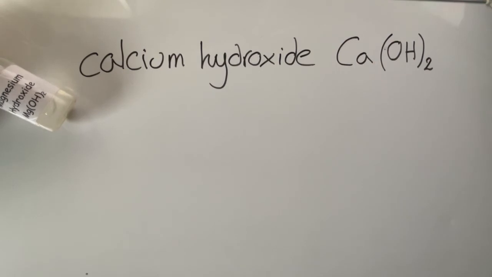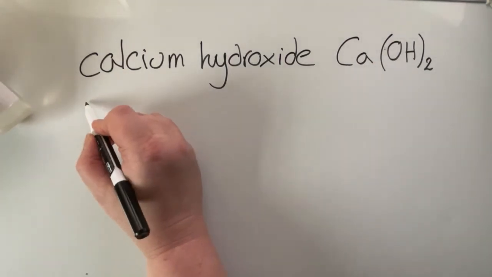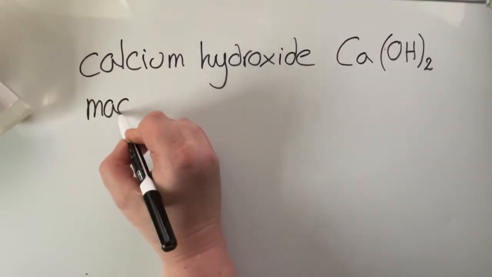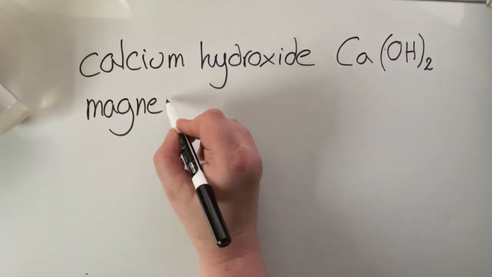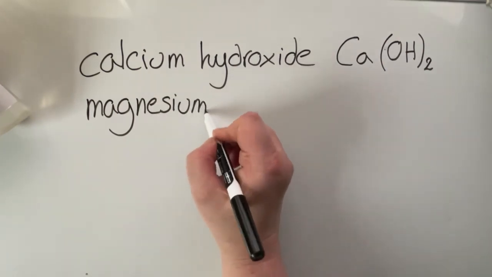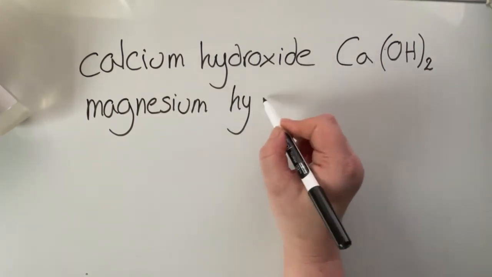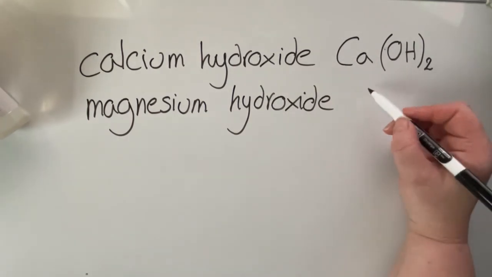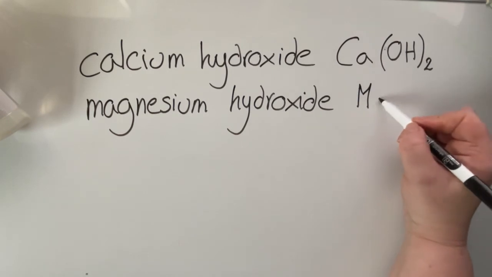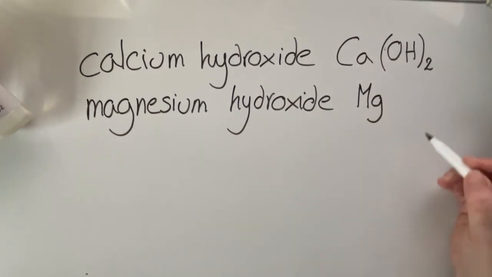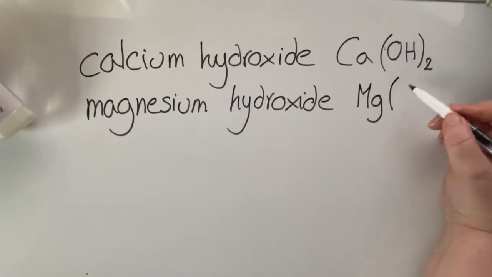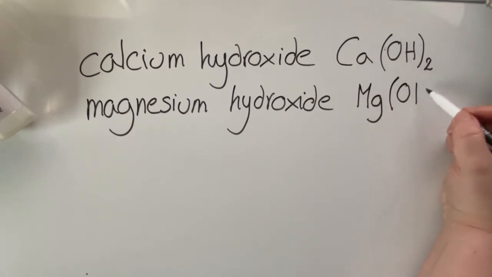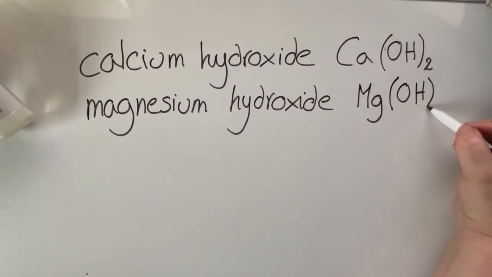Magnesium hydroxide's formula is very similar. We've got capital M and g for magnesium, open the brackets, capital O, capital H, close the brackets, and then subscript 2 again.